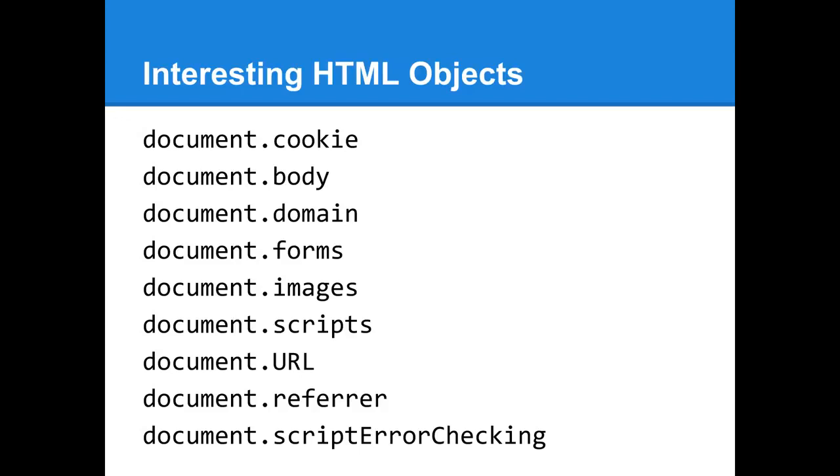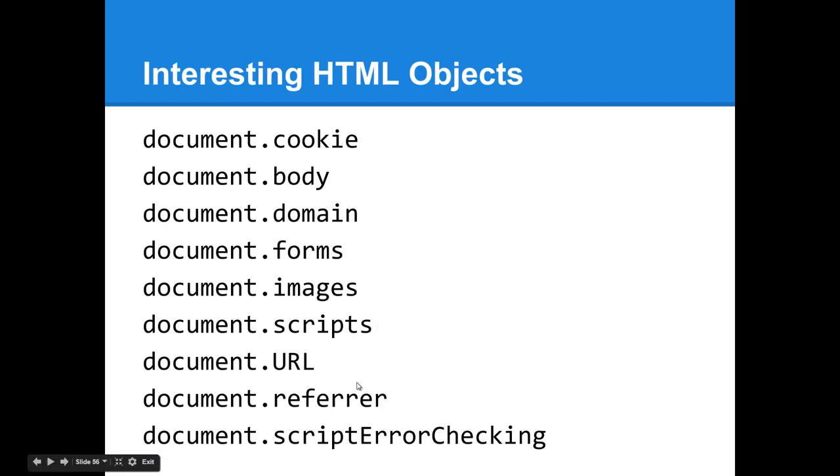The following objects are an interesting topic to go over, especially document.cookie, which is the target of the majority of cross-site scripting attacks. Document.body allows access to the HTML of the document's body. The domain tells you essentially what the domain is that the HTTP request was sent to get this document. Forms, images, and scripts will return a list of the forms, images, and scripts.